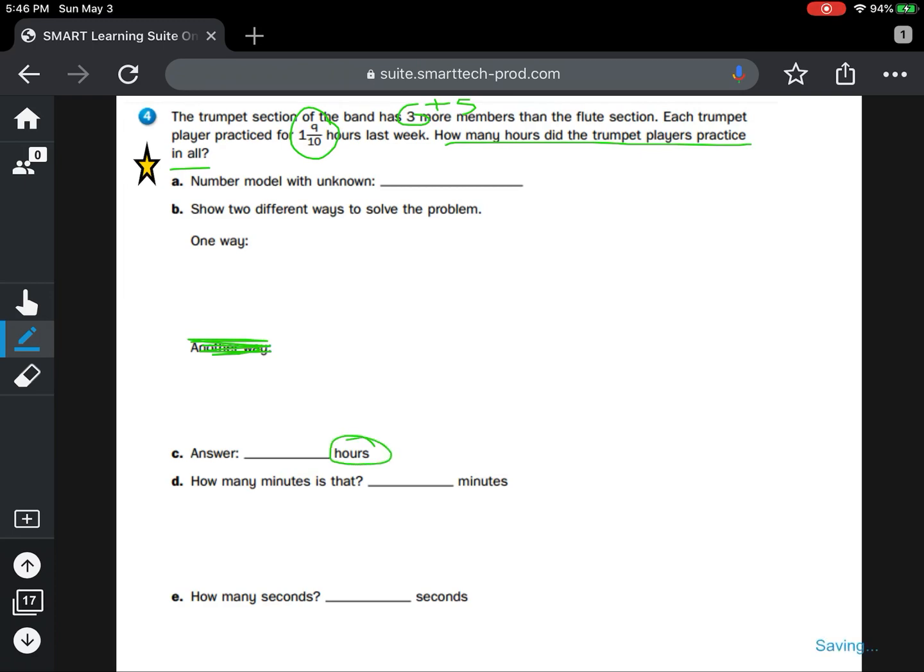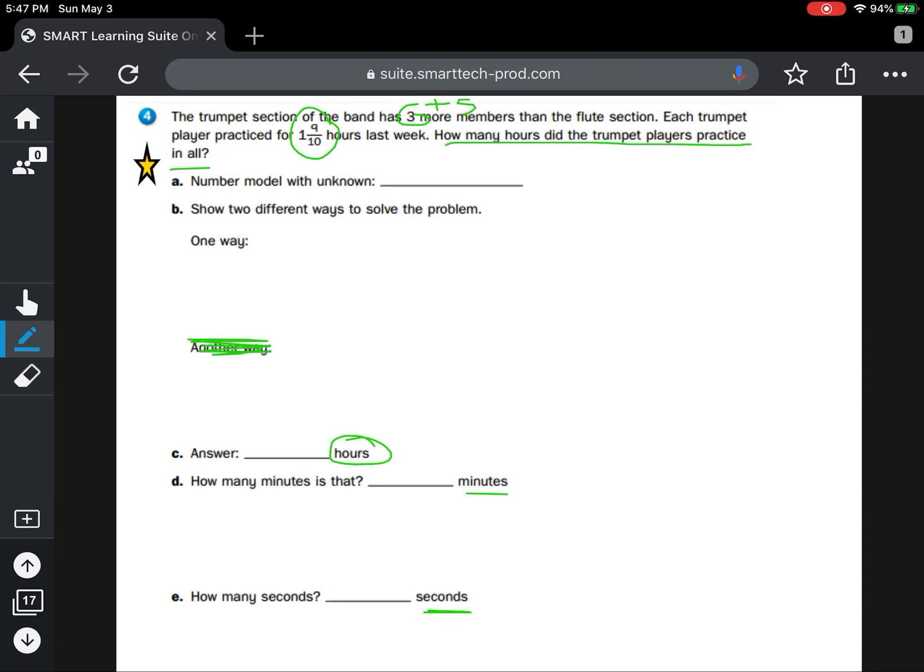And when you give your number model with the unknown, you can use H for hours for the unknown. Then you're going to have to convert that answer into minutes and then convert that answer into seconds. Remember, there's 60 minutes in 1 hour and 60 seconds in 1 minute.